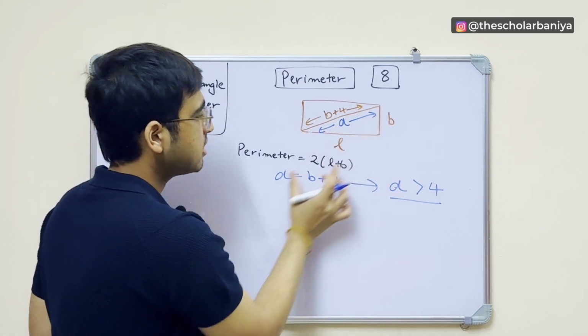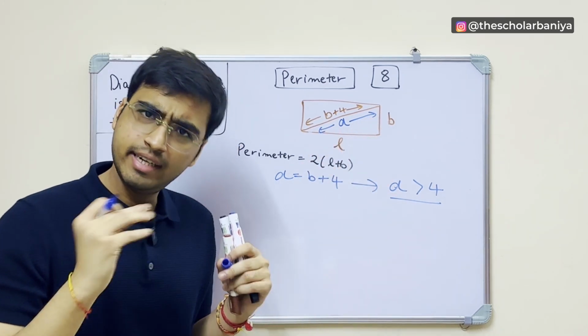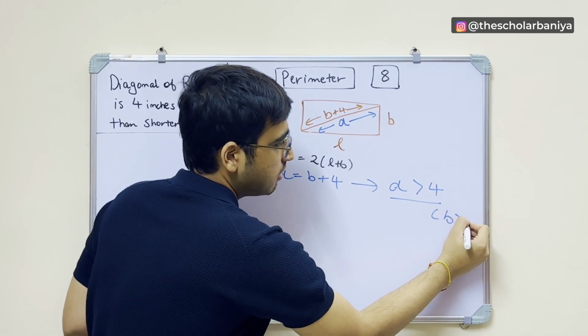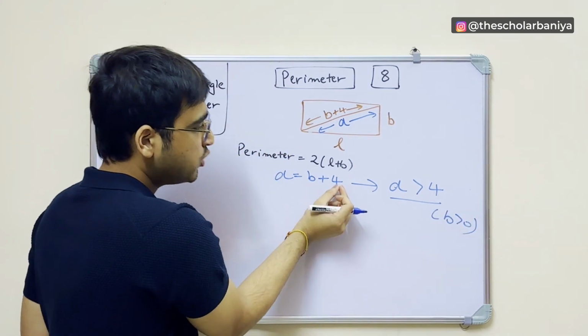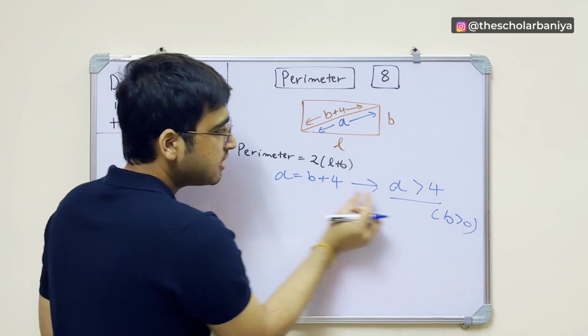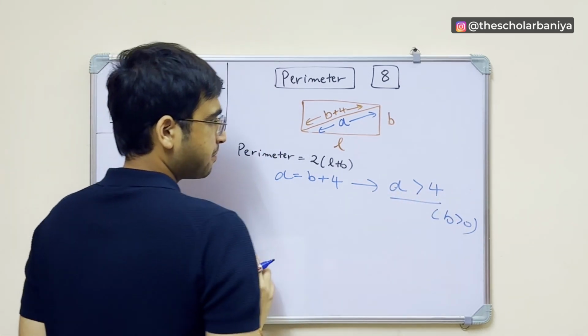If the diagonal D is B plus 4, that means the diagonal is definitely greater than 4 because B is positive, because B is the breadth. So if you add anything to 4, obviously it becomes greater.